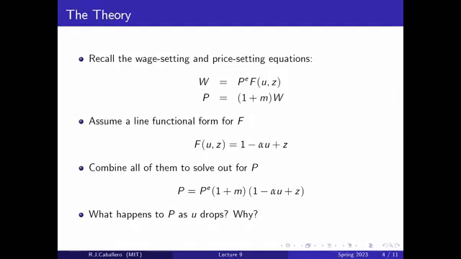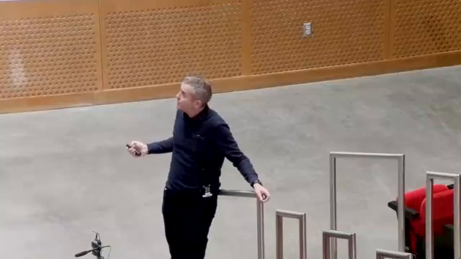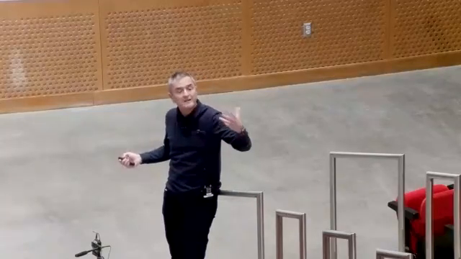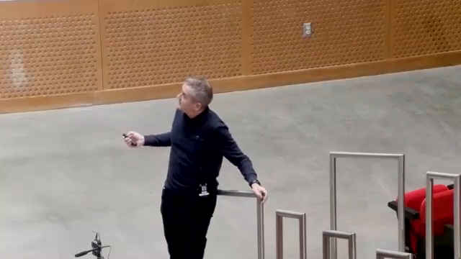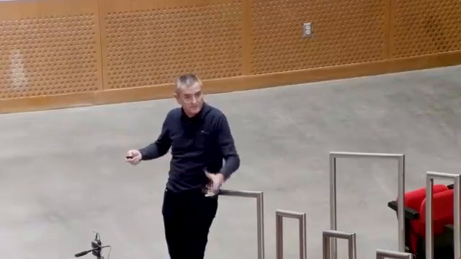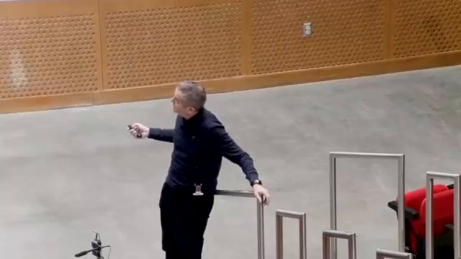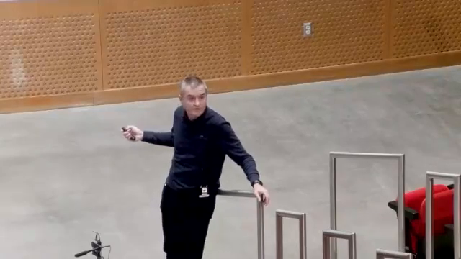Workers demand a higher wage. But the firms, from here, you can see that I can divide by P both sides. W over P that the firms offer is equal to 1 over 1 plus M. Okay? So the firms are not going to offer a higher real wage. The workers want a higher real wage. The only thing that can restore equilibrium, so that the workers end up demanding the same real wage as the firms are willing to pay, is that somehow the hand of the worker gets weakened. And the only variable here that can weaken their hand is a higher unemployment.